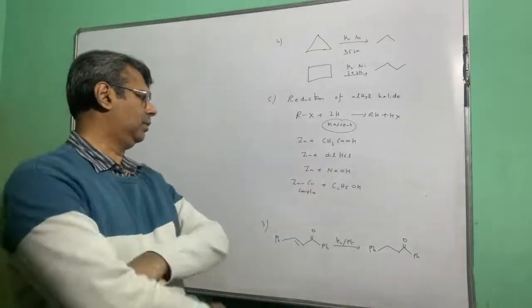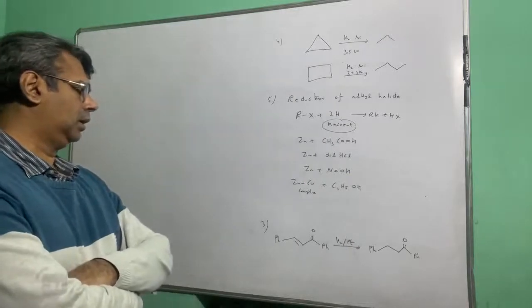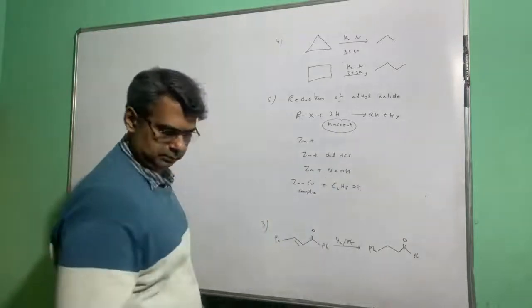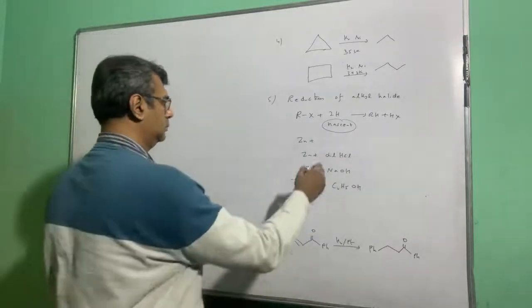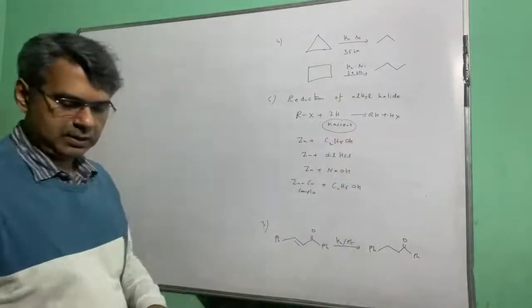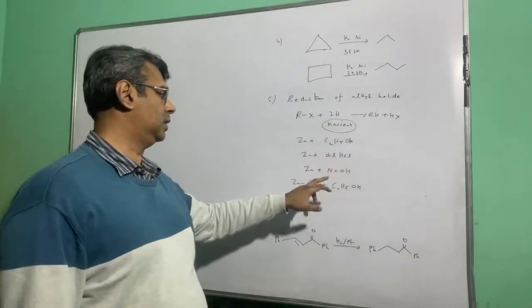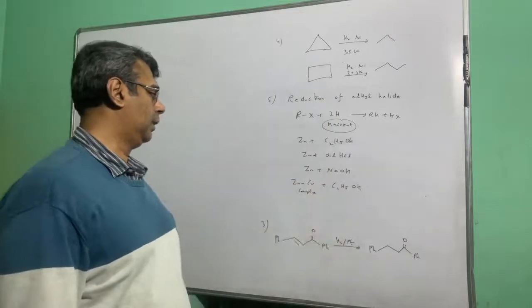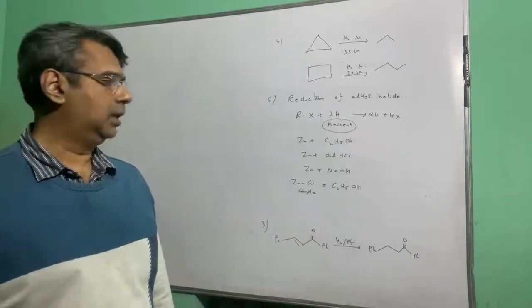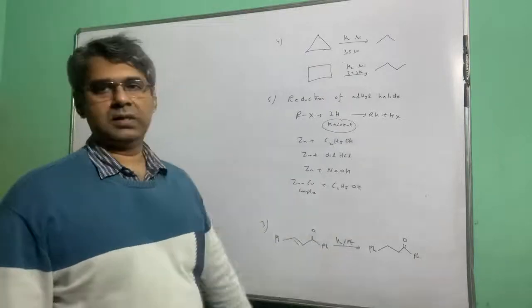You can get it from zinc plus ethanol. You can get it from zinc plus dilute HCl, zinc plus NaOH, and then there is one electrolysis in which zinc and copper are the two electrodes, and ethanol is the electrolyte.